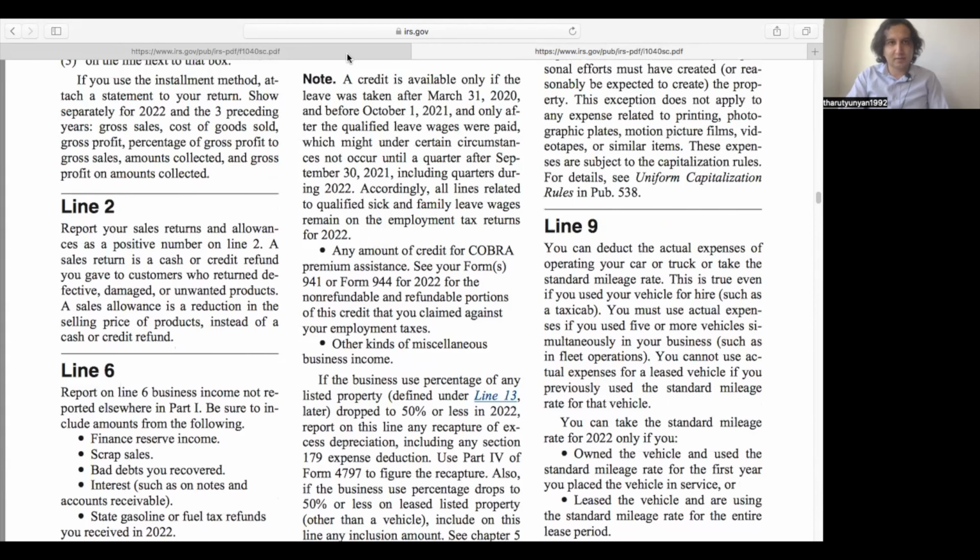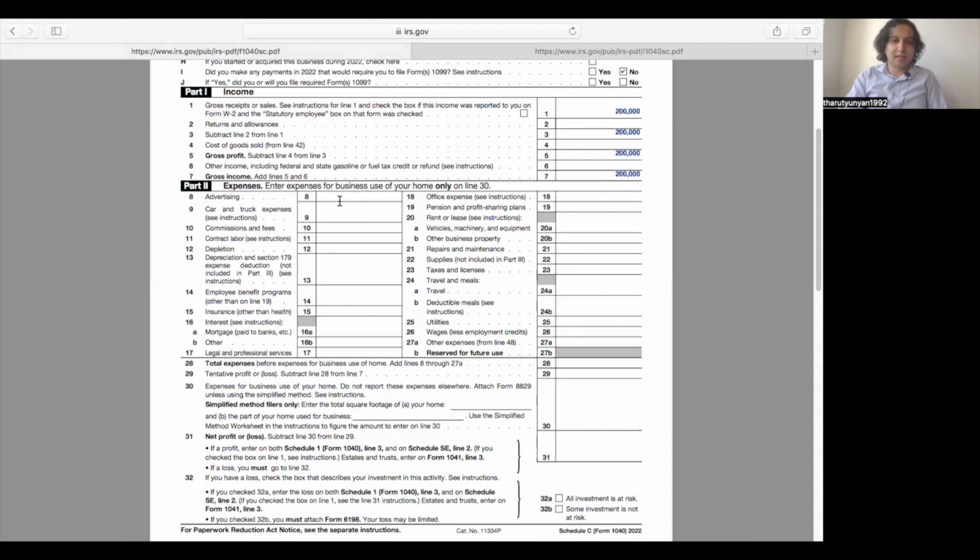All right, so advertising, obviously this is easy. If you did Facebook advertising, YouTube advertising, or you just printed some flyers, or paid someone to basically advertise your business, you deduct it. Let's say we spent $1,000 on advertising.